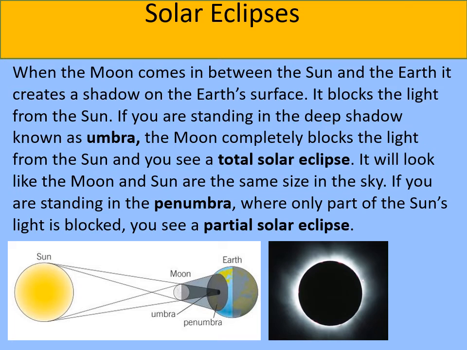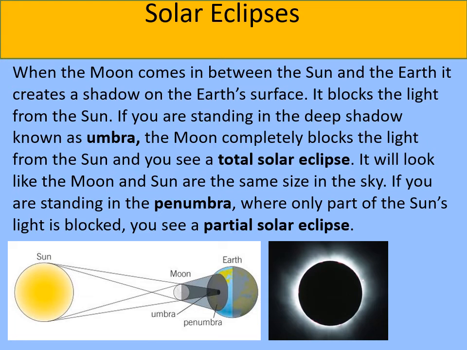If you're standing in the moon's penumbra, which is known as the partial shadow, you will only get a partial solar eclipse. The penumbra, as you can see from that picture, is the lighter outer part of the shadow of the moon. The Sun is only partially covered over here by the moon.